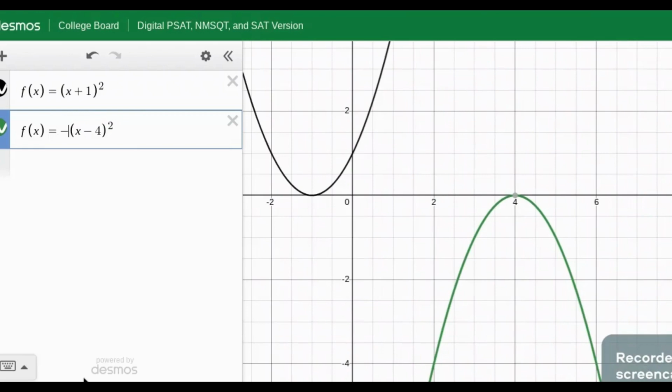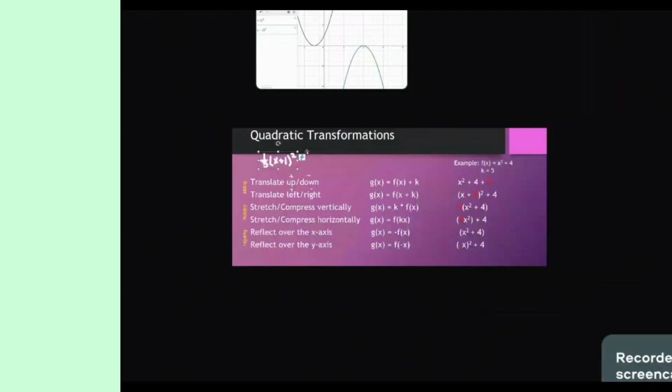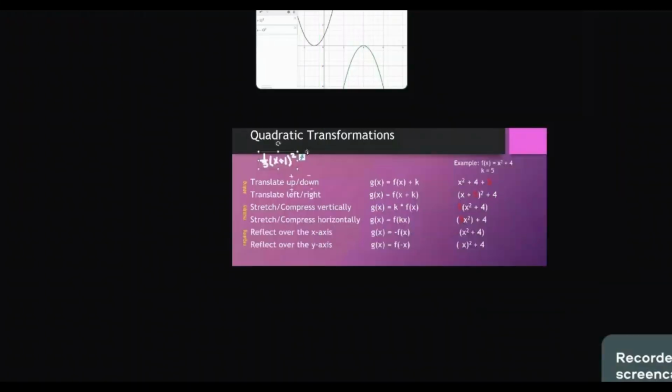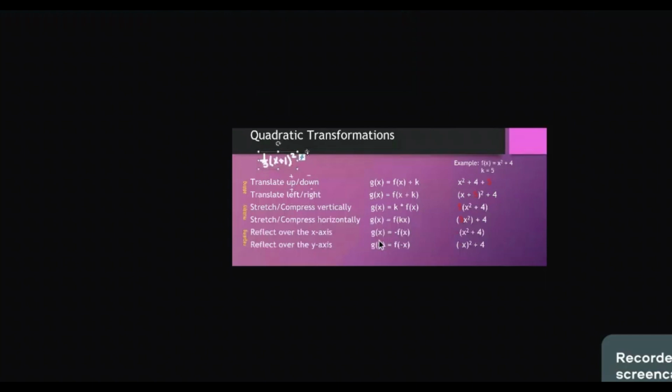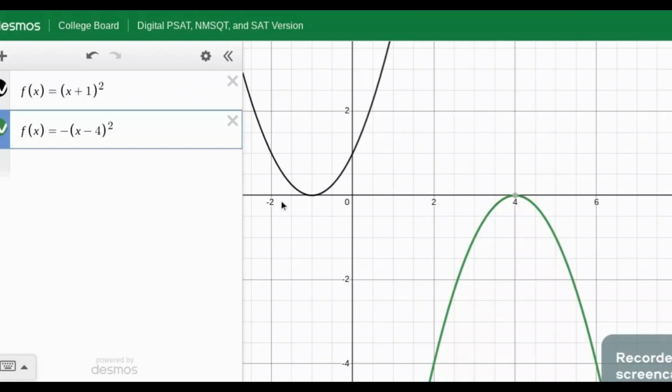I should probably show this just for reference. That would be basically negating over the x-axis, and that would look like something we did right here: -x to the second plus 4.